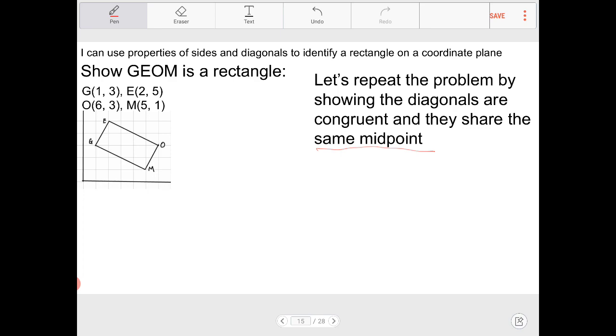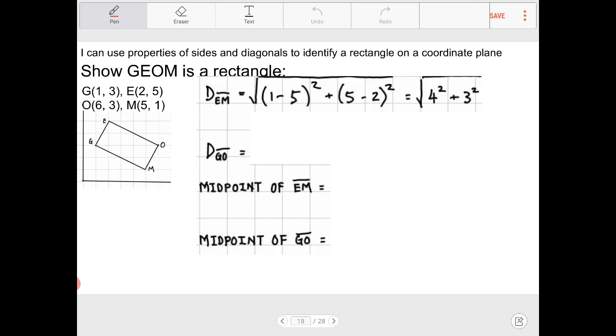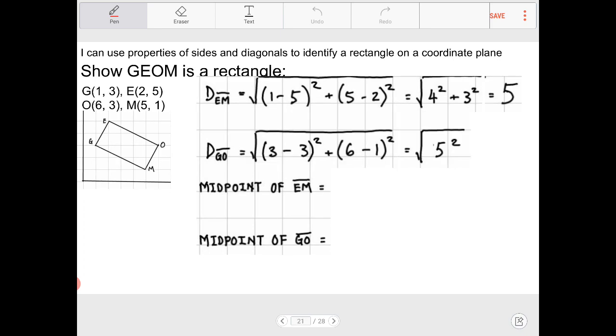And welcome back. We're going to find out what the length of the diagonals are. We're going to find the length of EM and then the length of GO. The length of EM, as it turns out, will be 5. The length of GO, as it turns out, is, again, 5. Did you have to go through this extreme measure to find out what the length of the diagonals are?